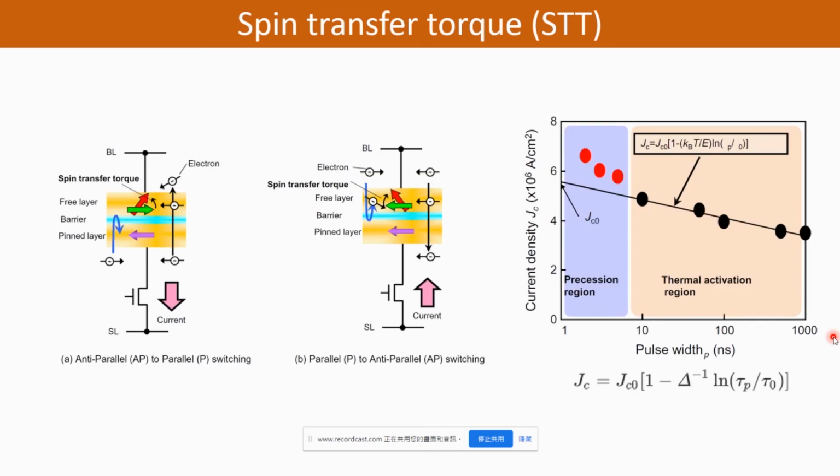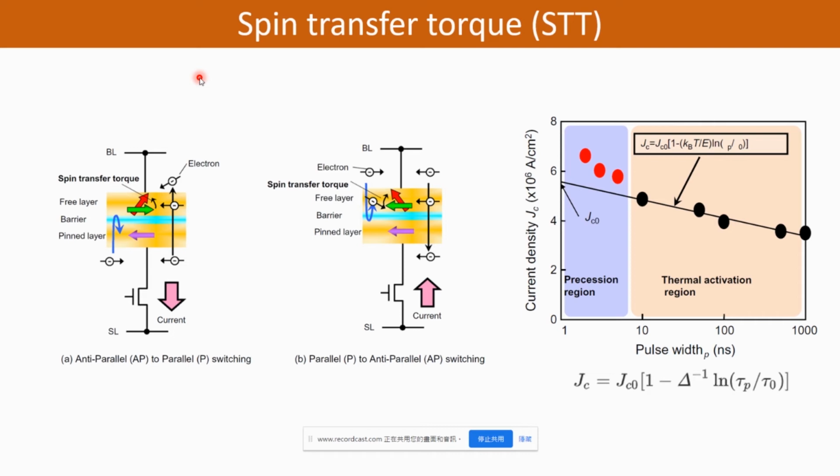And here is the detail of how it works for the STT, and we can see the picture on the left side here. The picture A here shows the anti-parallel to the parallel switching. In this case, the electrons flow from the pin layer to the free layer.